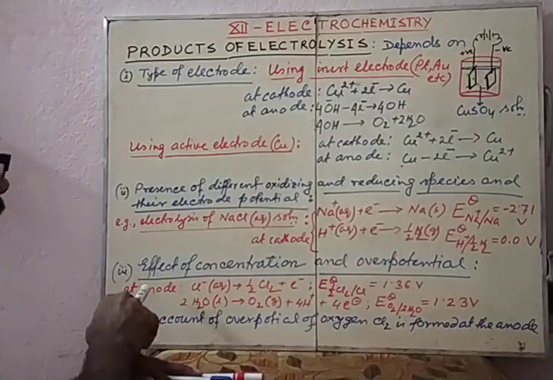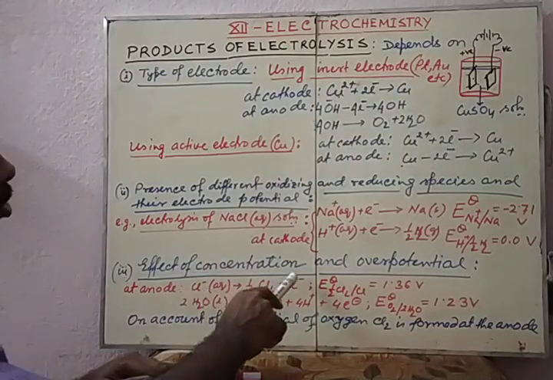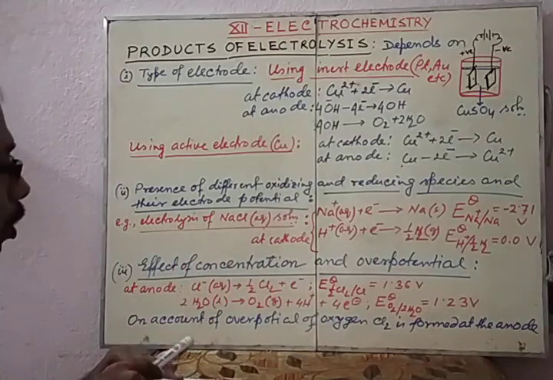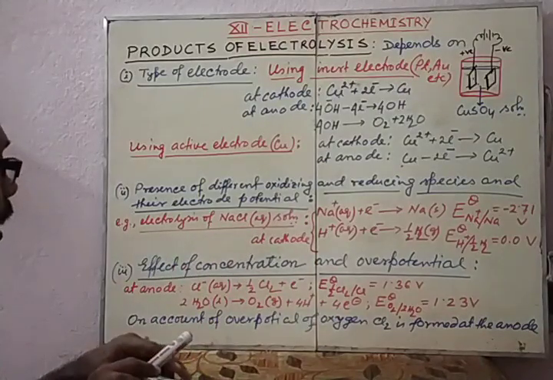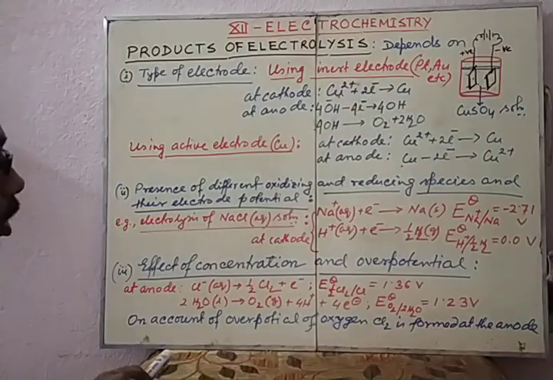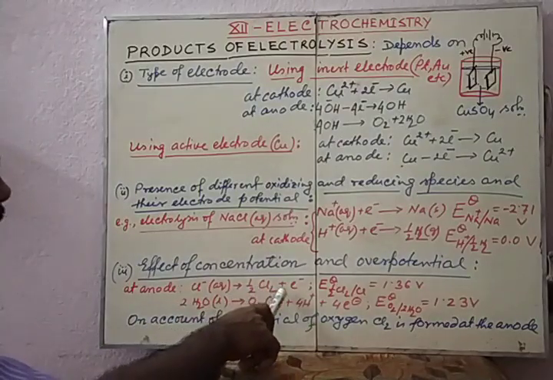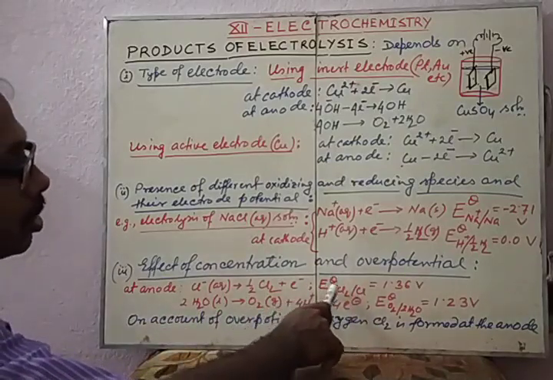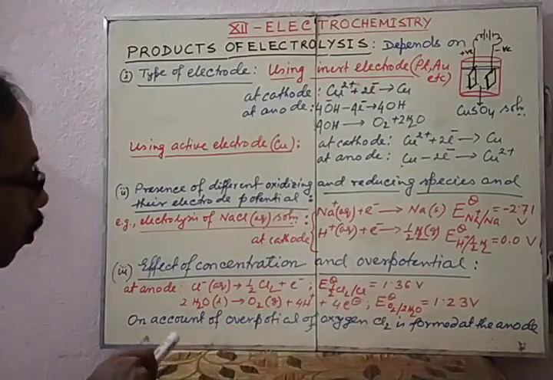Now the third point is the effect of concentration and overpotential. The same sodium chloride solution, when electrolyzed, at the anode, what can be discharged? Cl minus can be discharged, that is, oxidized to Cl2, for which the standard reduction potential is 1.36 volt.